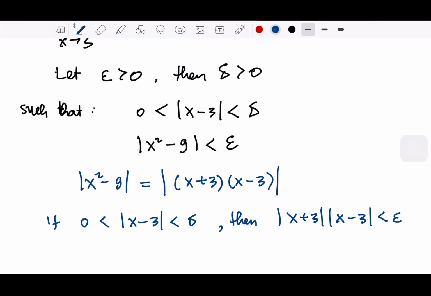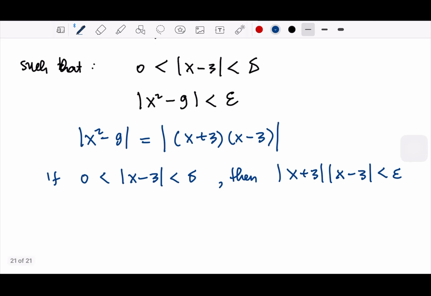Okay. Now, to connect this to here, we have some problem with the x plus 3. Right? What we are going to do here? So, what we can do is we can assume that there is a constant. Okay, we have a constant.